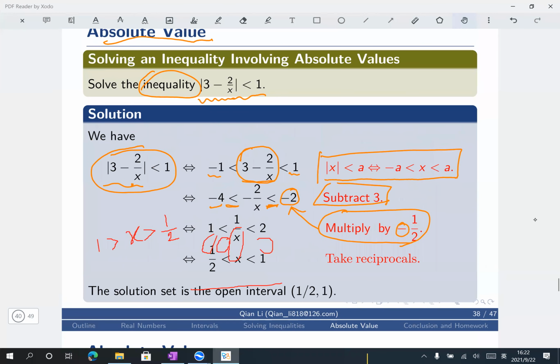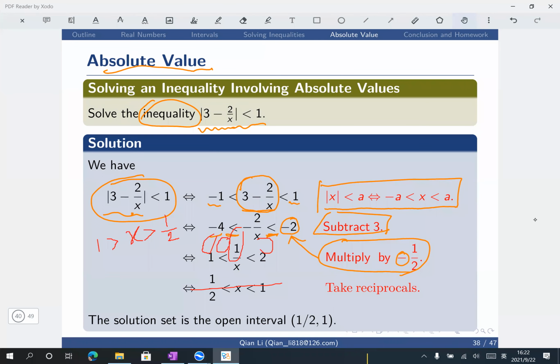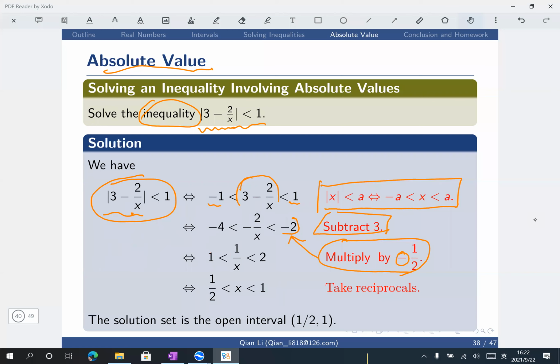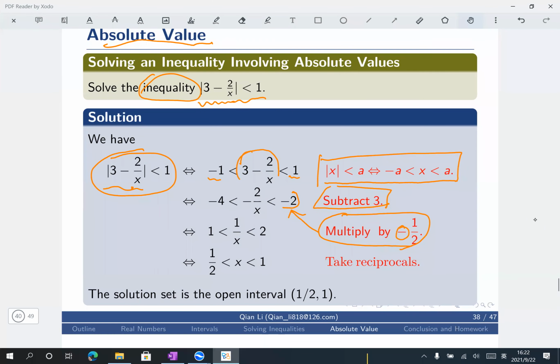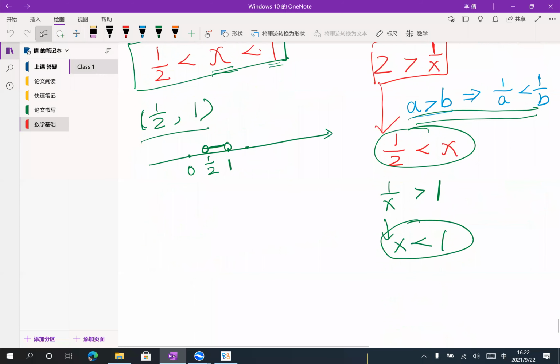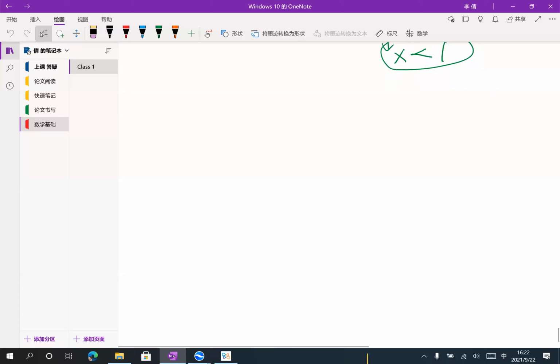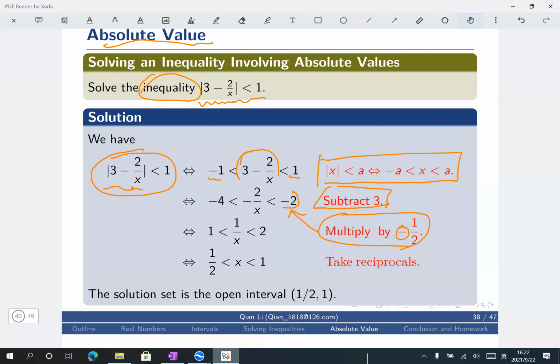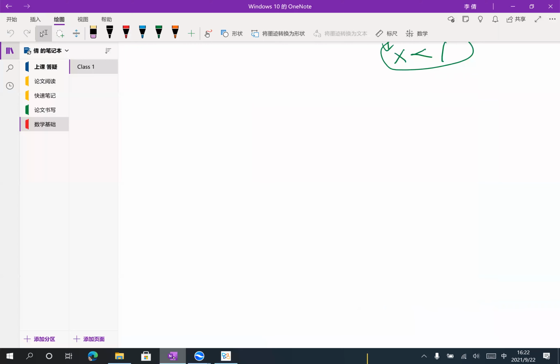Who can draw on my screen? Okay, let's have some examples. We first see the order properties of the real numbers.